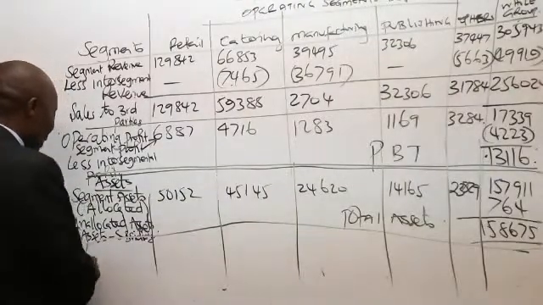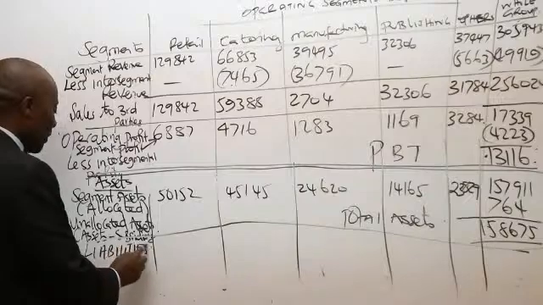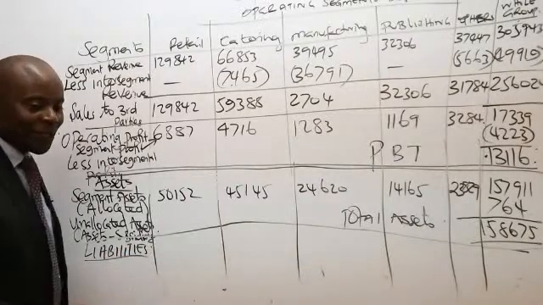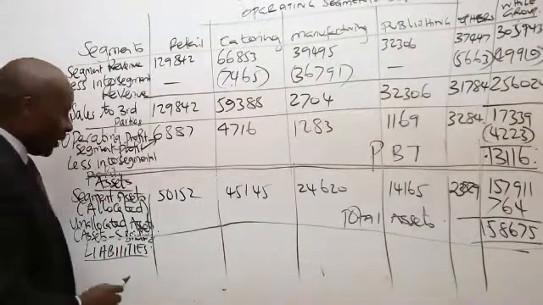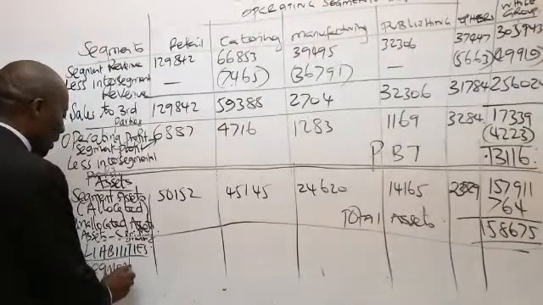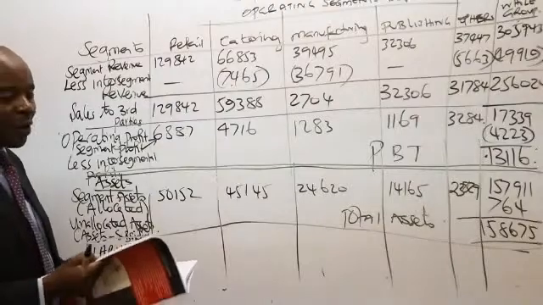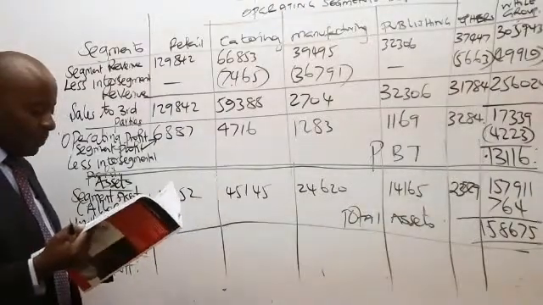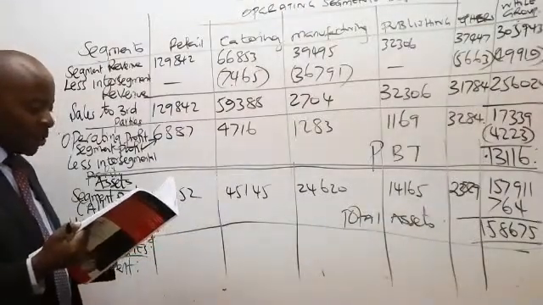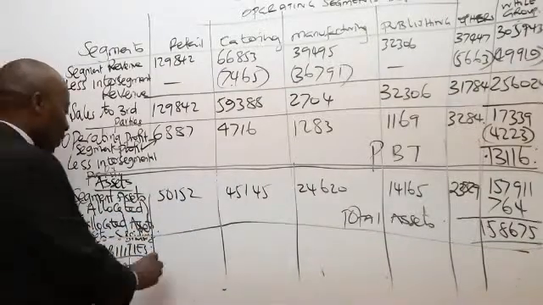So we have here liabilities. We begin with the segment liabilities. Are you able to see them? Yes, I can see them. 14,839.